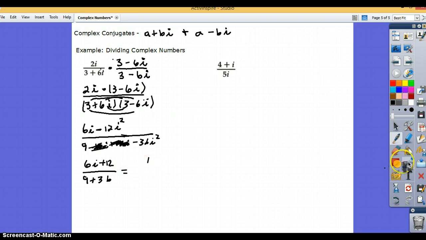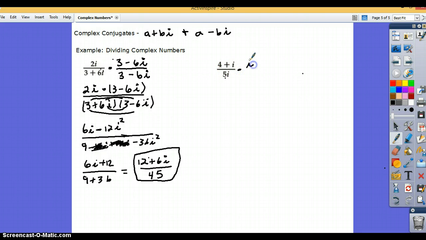So I'm going to rewrite this one more time. So this is 12 plus 6i over 9 plus 36 is 45. There's your answer.